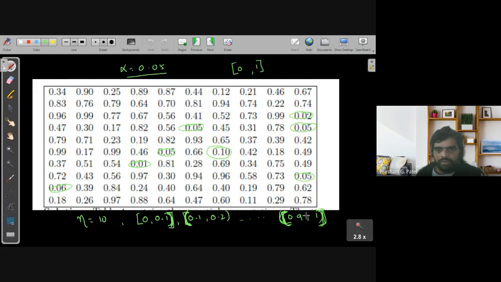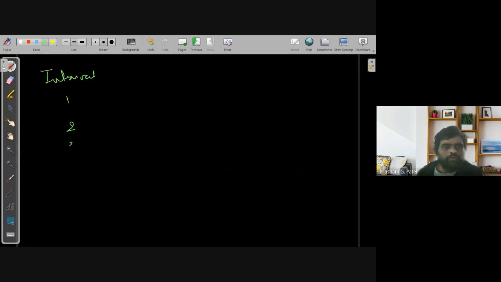So let us make a table regarding this. Interval means, the first interval I already talked to you about. This is the first interval, second interval, third interval, and this is the 10th interval. The intervals are 1, 2, 3, 4, 5, 6, 7, 8, 9, and 10.